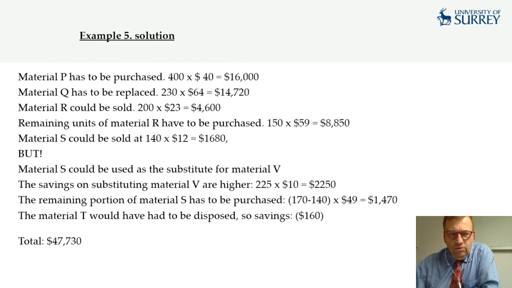If so, we now think, what is this price? So we take a short calculation of the material V and we find that 225 units at $10 gives us a higher price, $2,250.